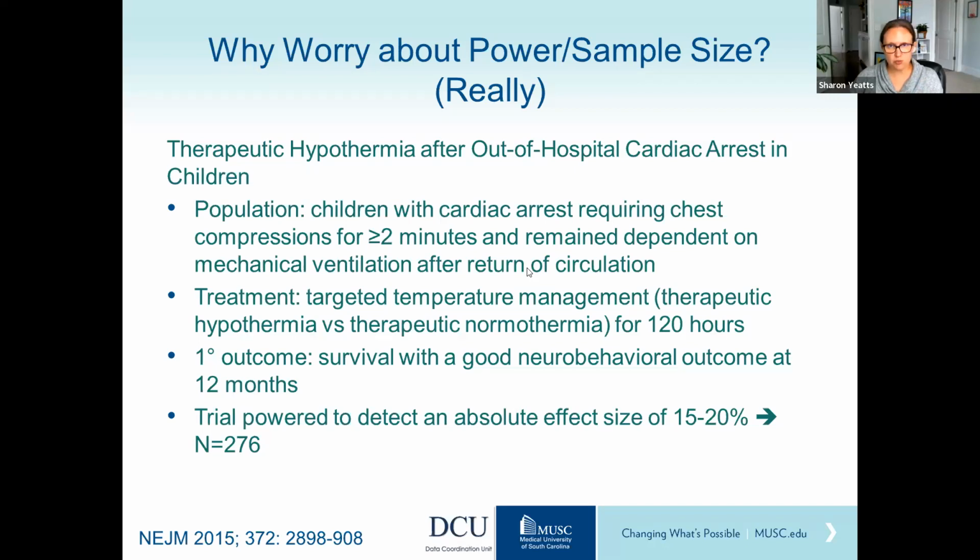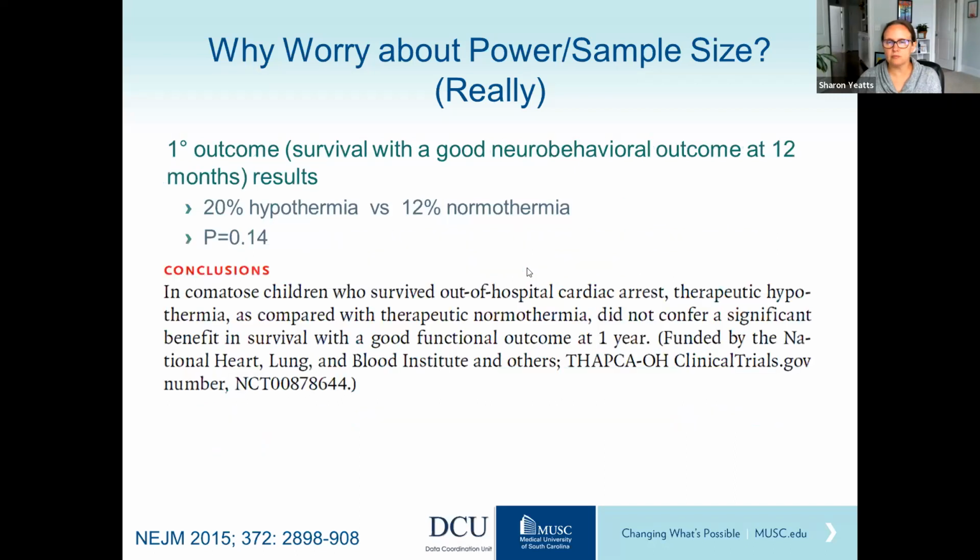The justification is provided for the sample size in the manuscript, and it says that the trial was powered to detect an absolute effect size of 15 to 20% improvement, and the sample size that's required for that effect size is 276 participants. When the trial concluded, the primary outcome results showed that 20% of hypothermia patients survived with a good neurobehavioral outcome, compared with 12% of the normothermia patients.